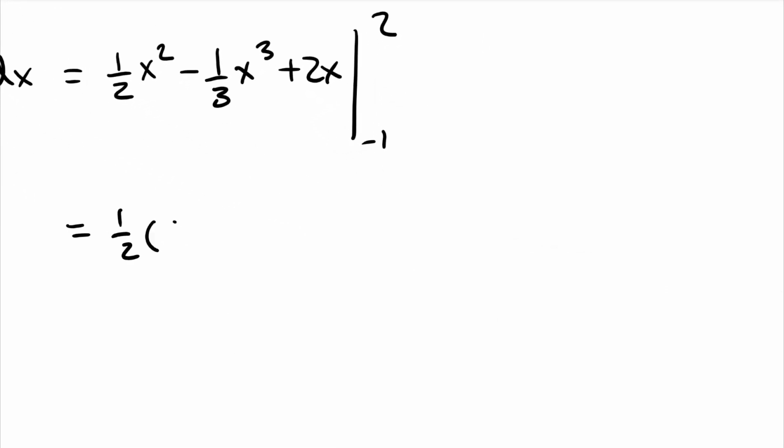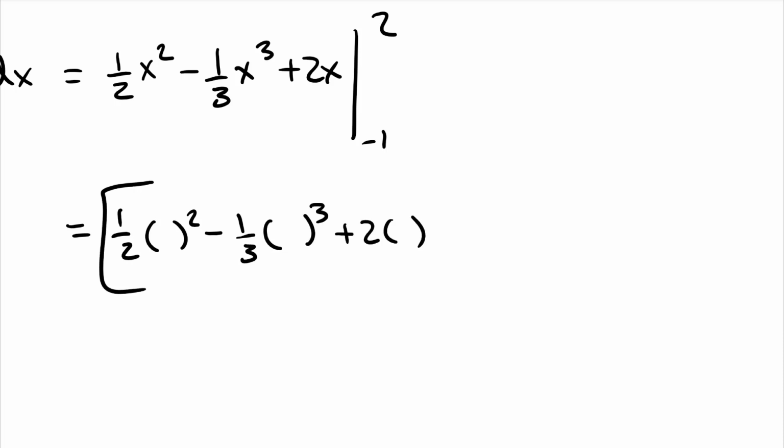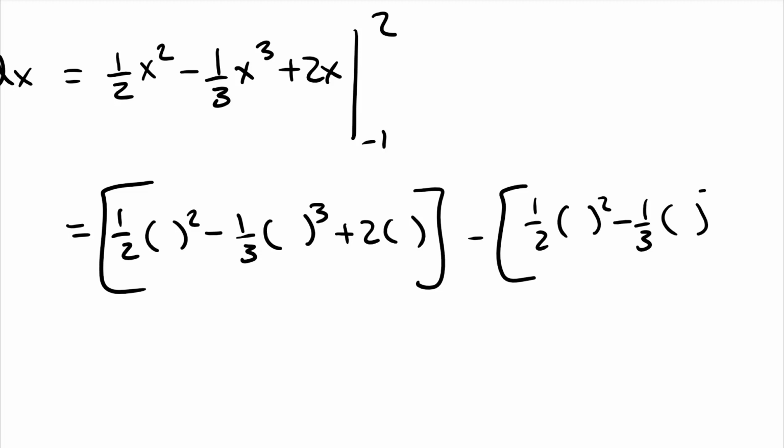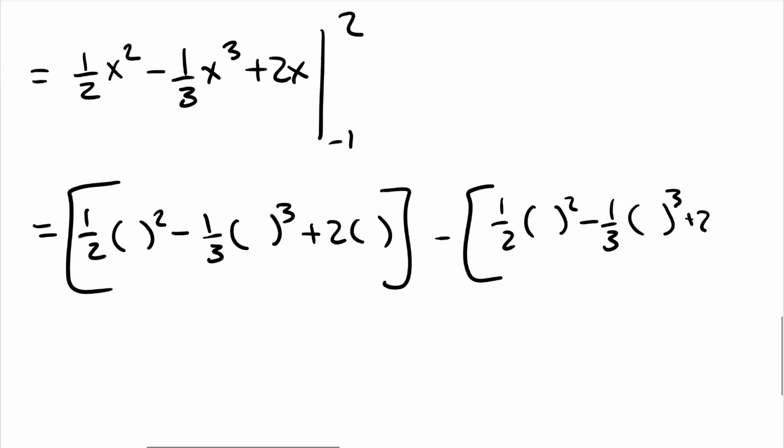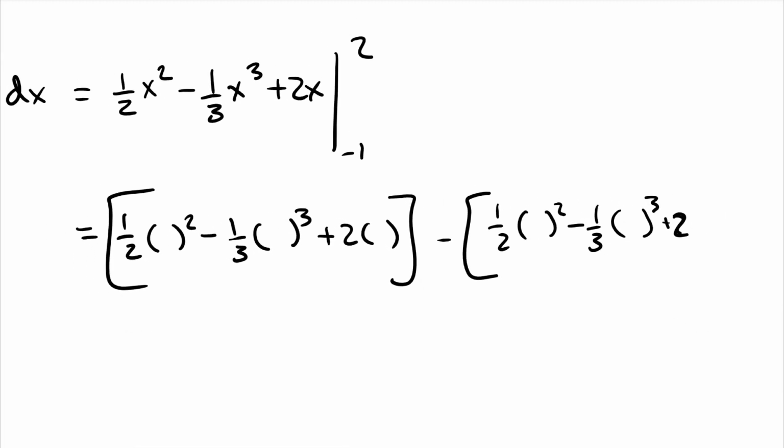So we have 1/2 something squared minus 1/3 something cubed plus 2 times something. There's our first one. And then we have the same thing again here. So you thought the problems were tough in Calc 1, huh? Well, let's put our upper bounds in. 2, 2, 2. Then we put our lower bounds in. Negative 1, negative 1, negative 1.